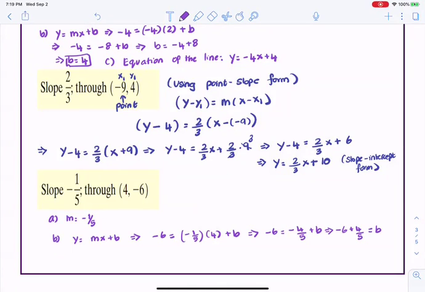Now, you can combine this as mixed fractions and do it that way, or you can simply look at it by getting the common denominator. So we have to combine -6 and 4/5. So if I multiply that -6 by 5 and divide by 5, I'm going to get a 5 in the denominator.